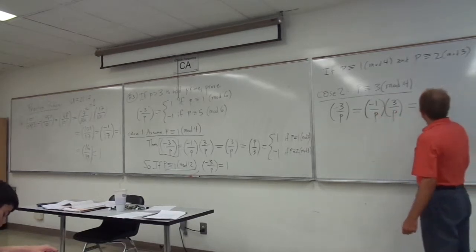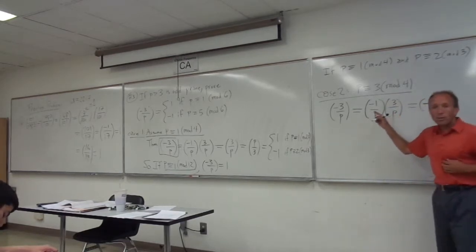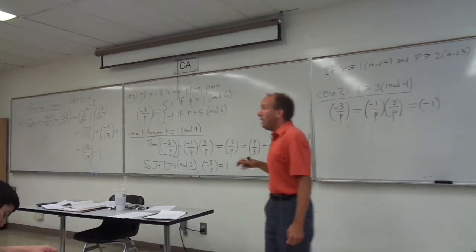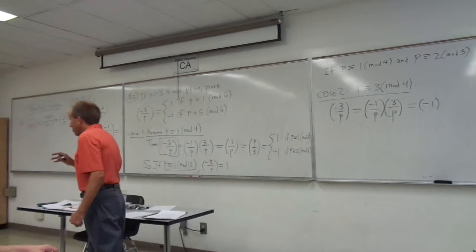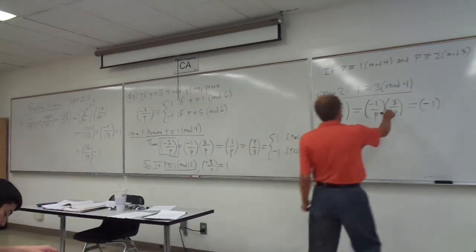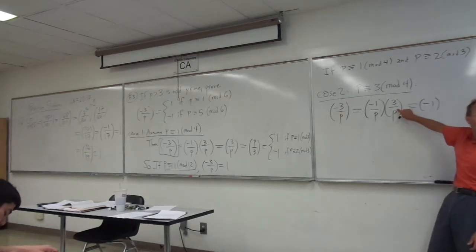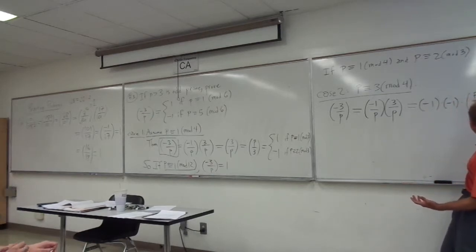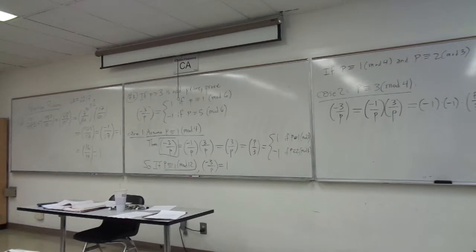-1, right? So -1, and for the Legendre symbol of 3 in mod p, what would I want to do with that? Flip it? Can I flip it over for free this time? No, this time both of these numbers are congruent to 3 mod 4. So if I want, I can flip it over, but it costs me a minus sign. So I actually get 2 minus signs out of that.